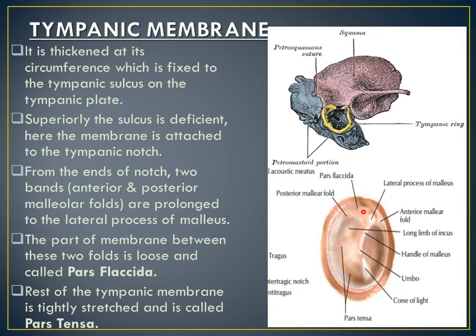And the other inner or bony part is also lined by a thin skin which is continuous with the external layer of the tympanic membrane. In this diagram, you can see this is the bony part which is also lined by a thin skin, and this skin is continuous with the external or outer layer of the tympanic membrane.